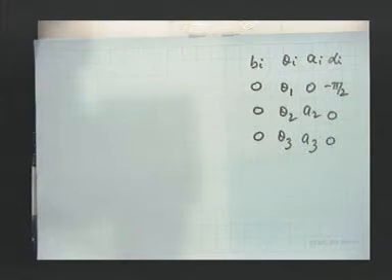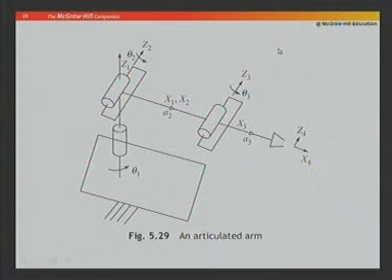Now, I will take you to the figure. As I told you, to find out the DH parameters, first we need to concentrate on fixing the coordinate frames. So, the first joint axis is here, which is a revolute joint. So, I have put a Z1 here.